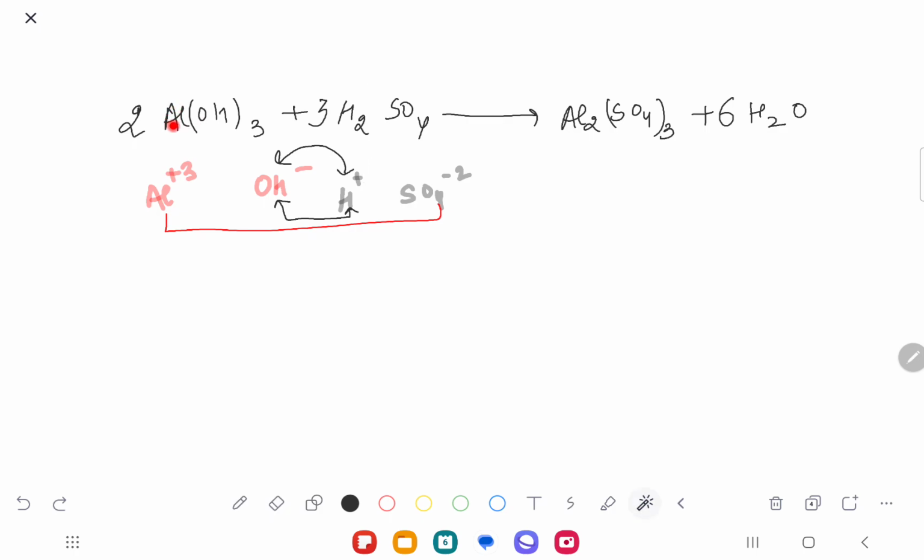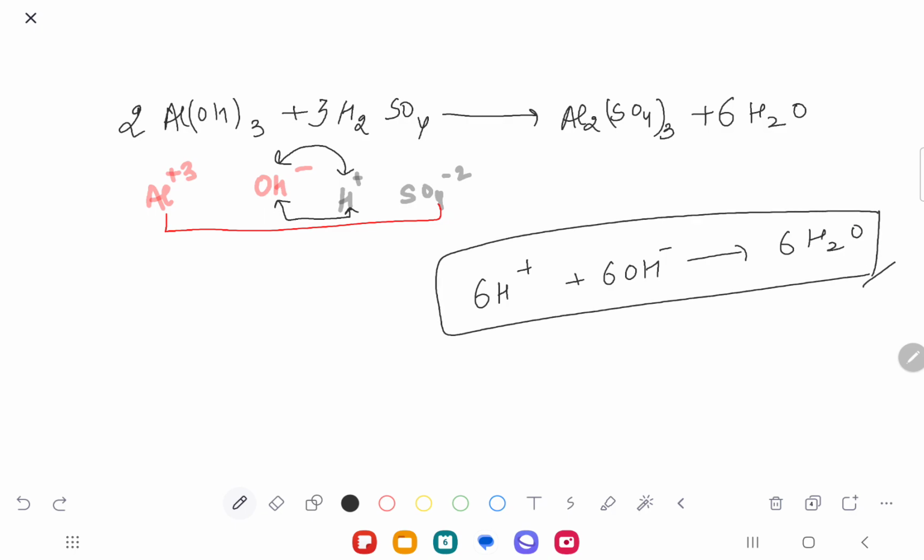Because Al requirement was 2, because Al2 was being formed, so I would put in a 2 right here. And SO4 was thrice, so I would put a 3 here to make SO4 3. Then you see OH becomes 3 times 2, 6, and H also becomes 3 times 2, 6. So when 6 H plus combines with 6 OH negative, I will have 6 H2O being formed.